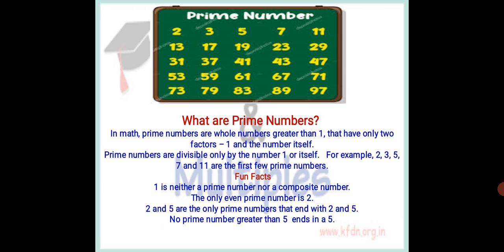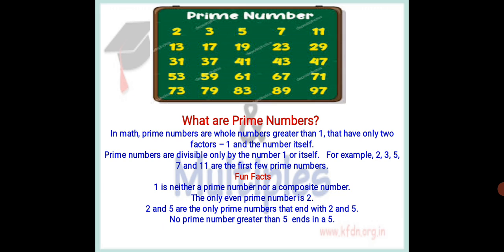Let's come to the next point, that is prime numbers. Children, look at this image. This is the list of prime numbers which lie between 1 and 100.